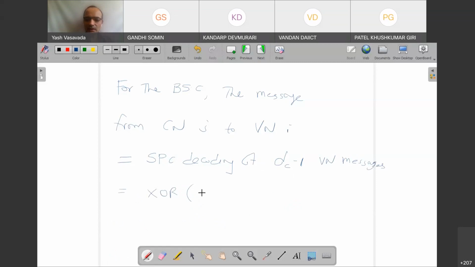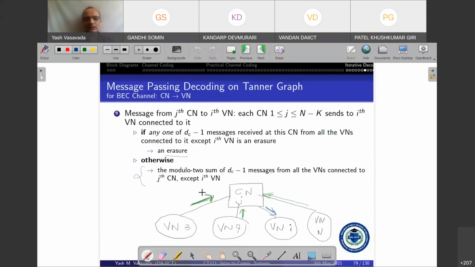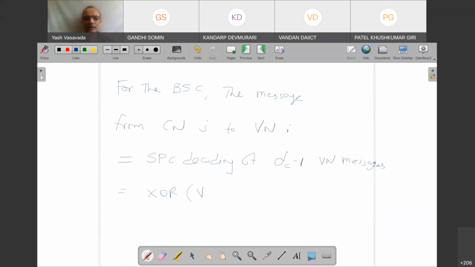In the example on the previous slide, it is the XOR of VN3, VN9, and VN capital N. So again, decoding actually becomes a bit simpler. You don't need this if condition.